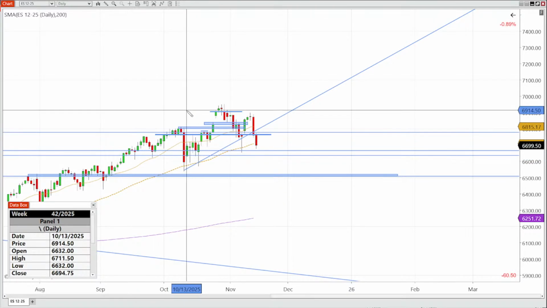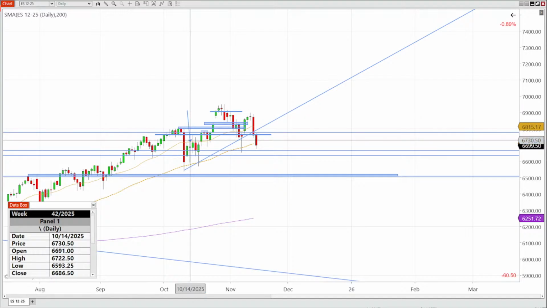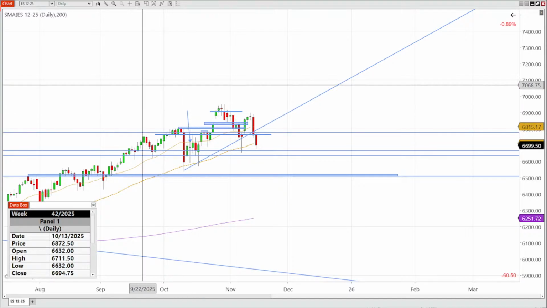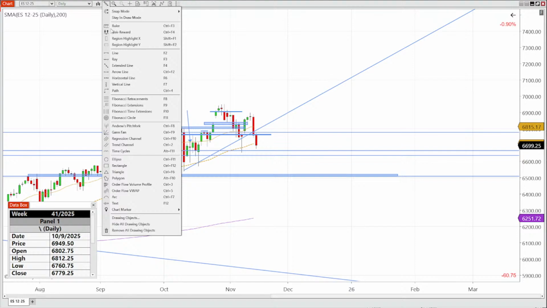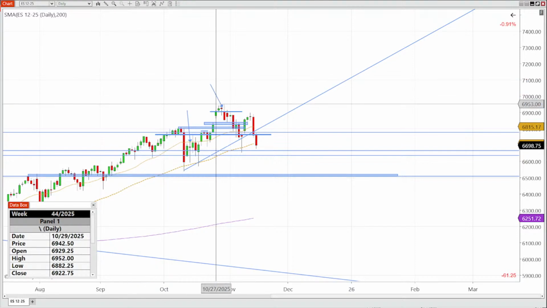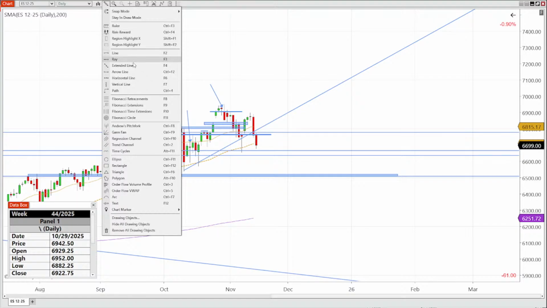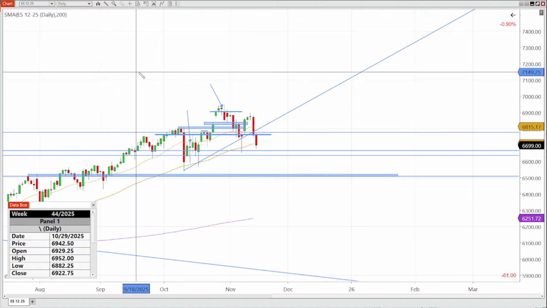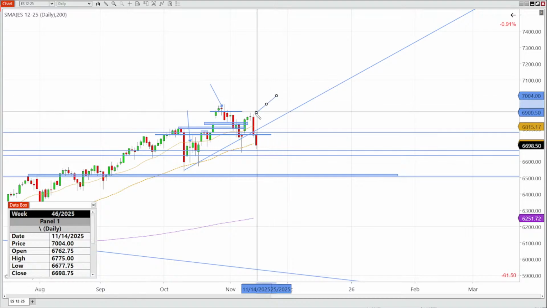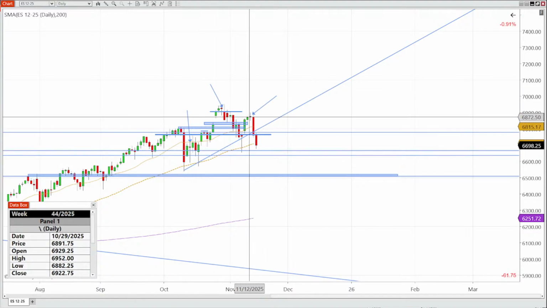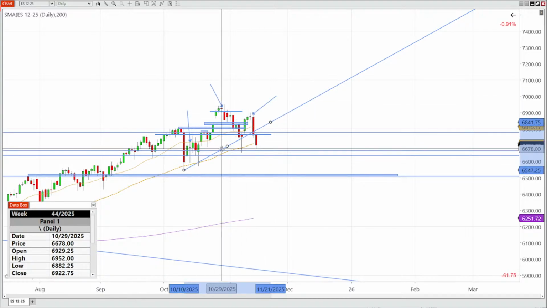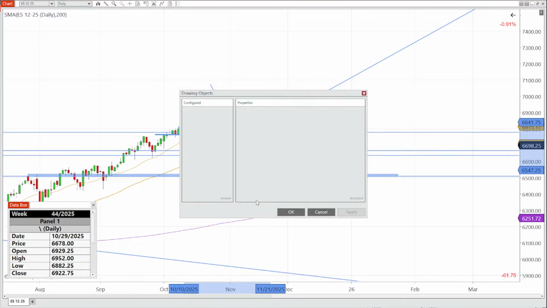Pick your shoulder, but I'm going to pick the shoulder here, the head here, and the shoulder, arrow line, and this next shoulder here. That's the shoulder, the head, the shoulder, and this is the neckline right here. Try to beef it up a little bit.